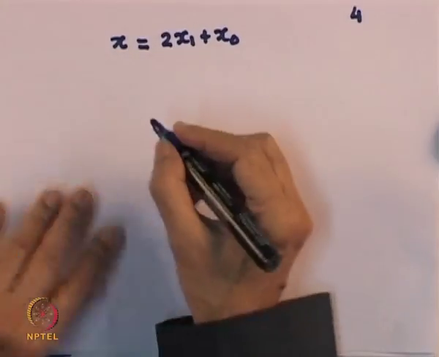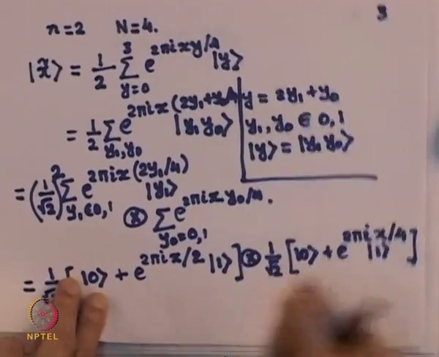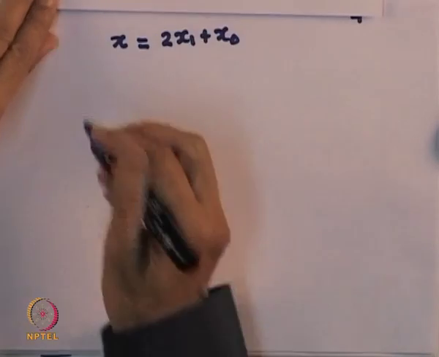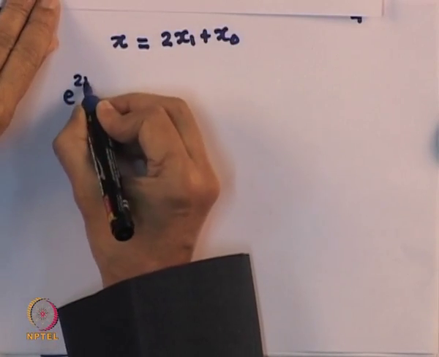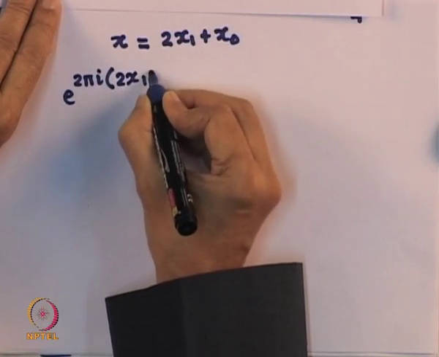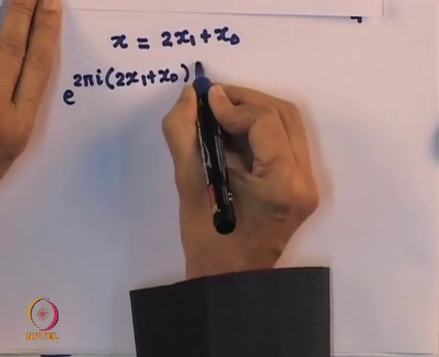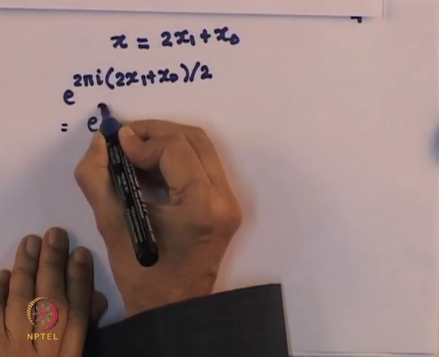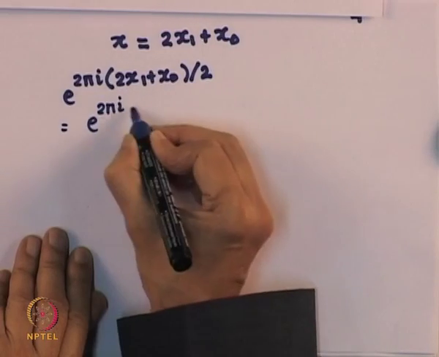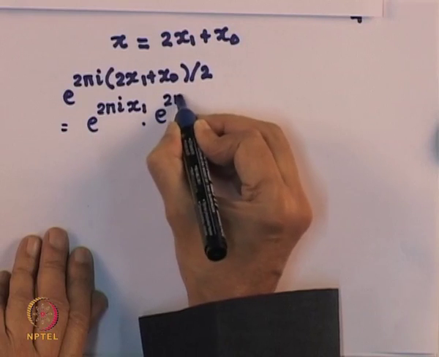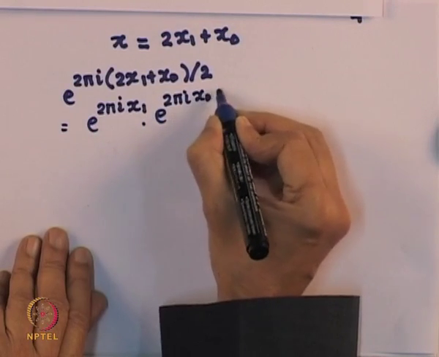Now, if that happens, if you look at this term here, I have got e to the power 2 pi I x by 2, where x is 2x1 plus x0, divided by 2. That is equal to e to the power 2 pi I times 2x1 by 2, so it is x1, multiplied by e to the power 2 pi I x0 by 2.